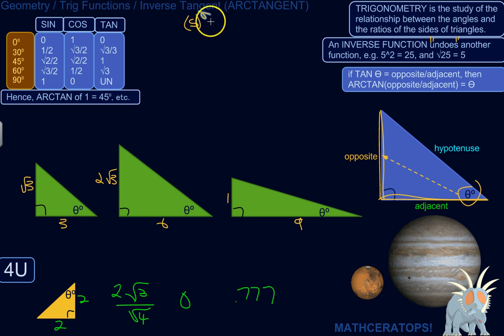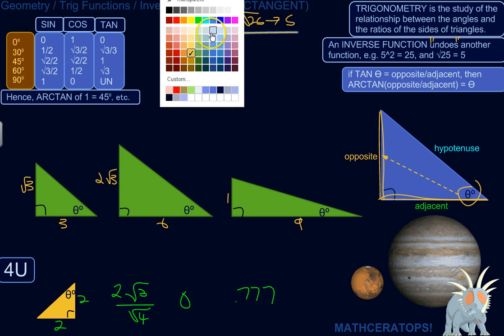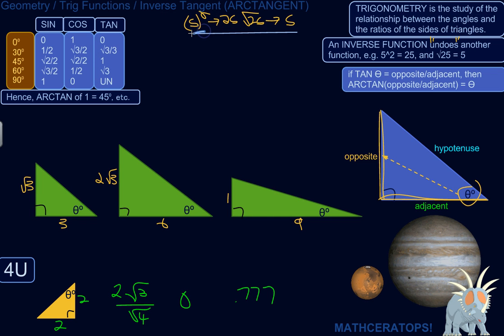I can square it, and that's 25, which means that I can square root the number 25, and that's 5. So we went from 5, squared it, and then square rooted it, and we ended up back at the number 5. So the square function and square root function are inverses of each other. They undo each other.